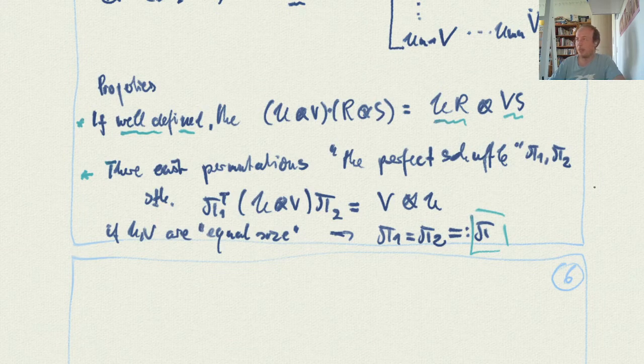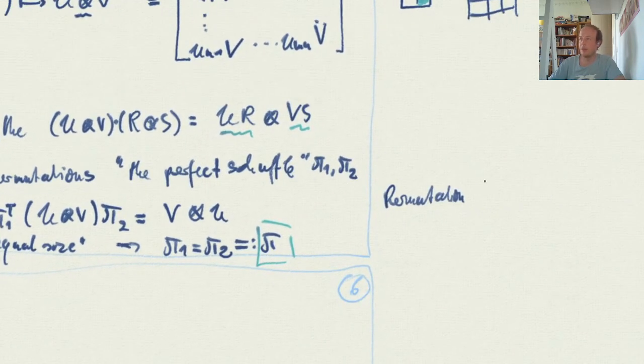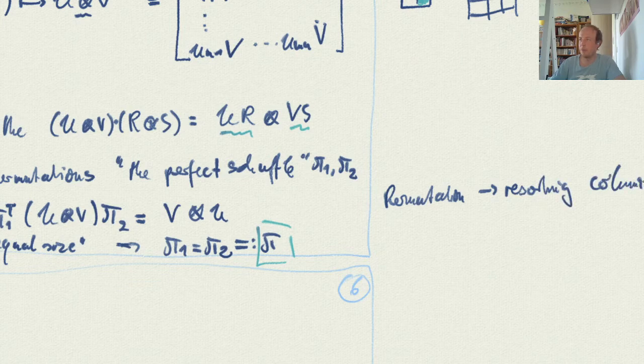A permutation is basically resorting columns or rows.